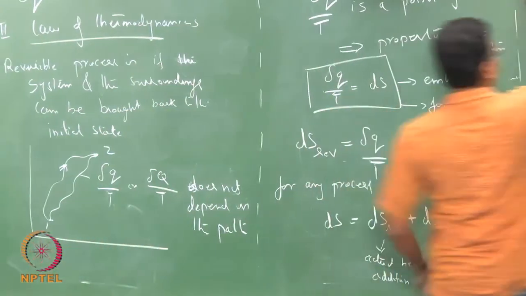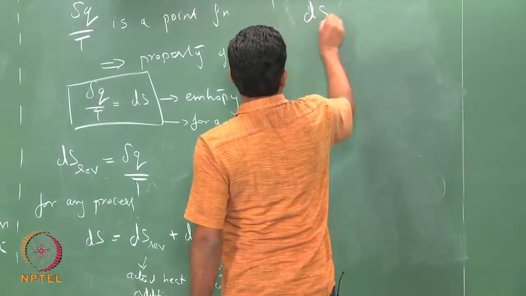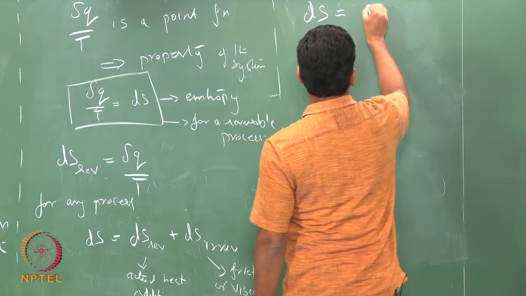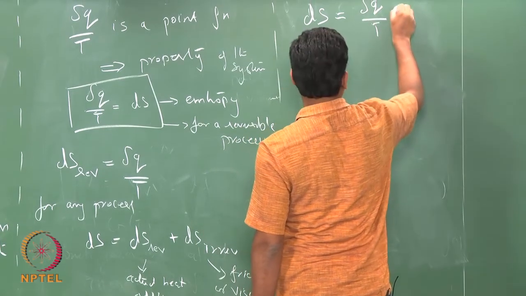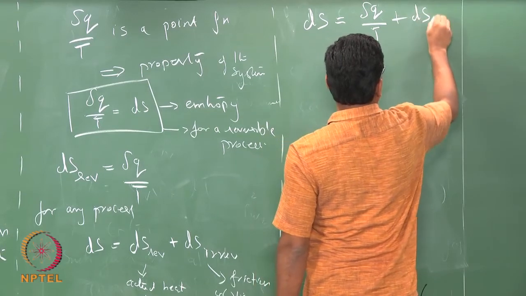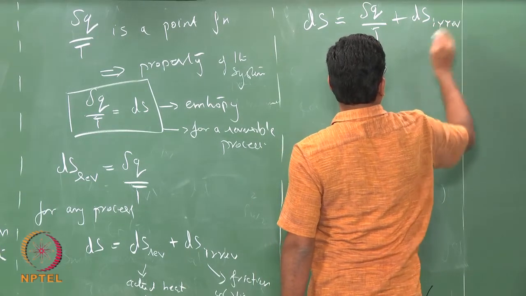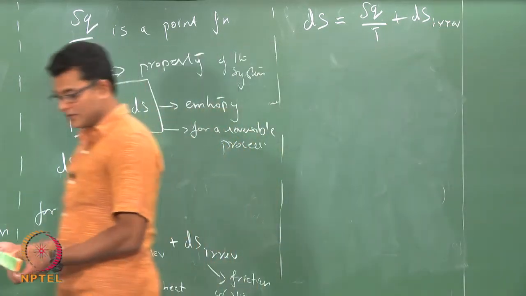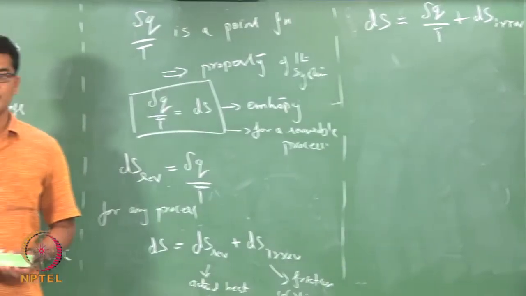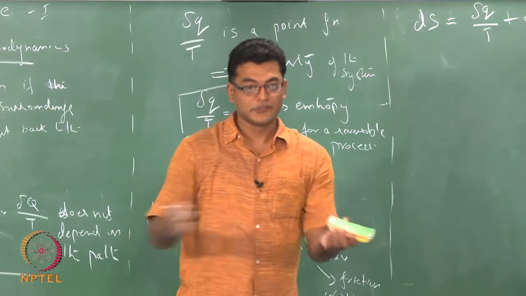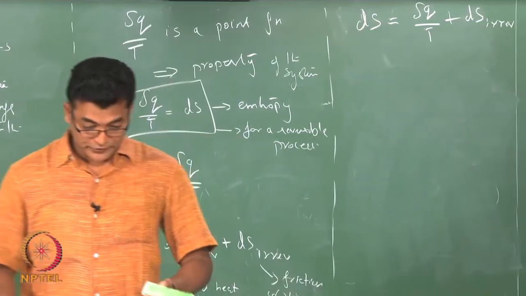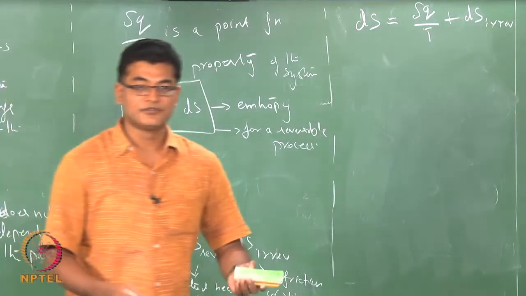So if I rewrite that equation, irreversible entropy is always going to be there in any real flows.